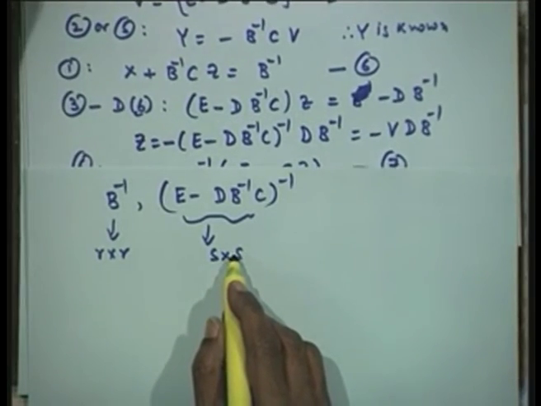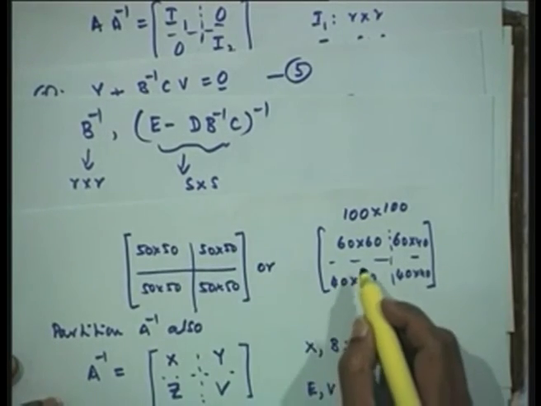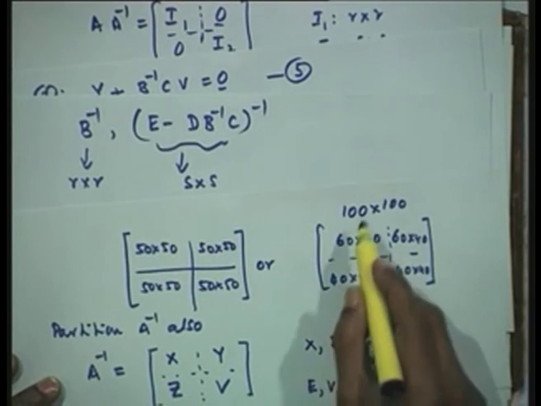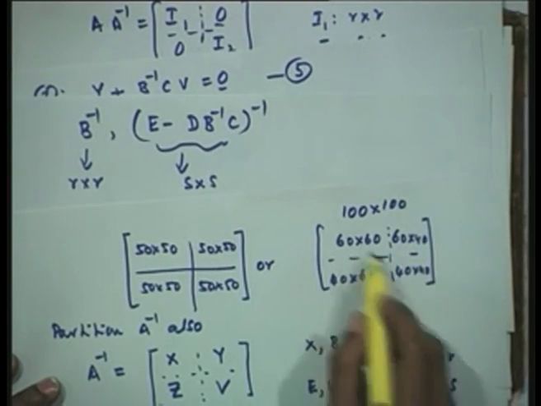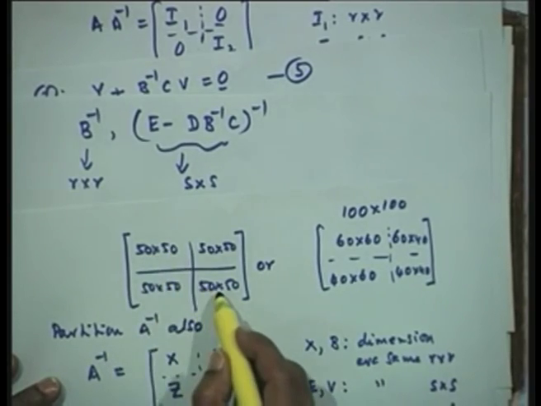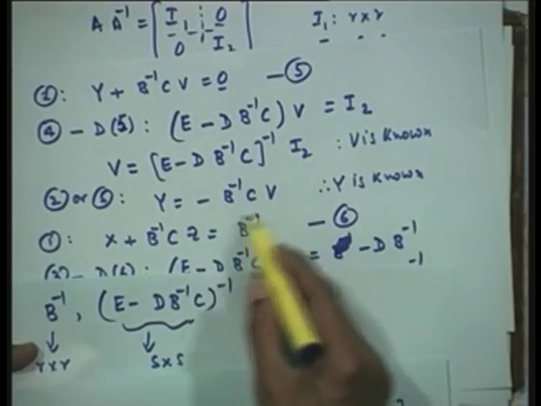Now if you go back to the example which we had written earlier, if you are constructing the inverse of this particular matrix, I need the inverse of this and the inverse of this, not a 100 by 100 system, but for example in this case I need the inverse of two 50 by 50 matrices, and of course I need some multiplication of the matrices to be done.